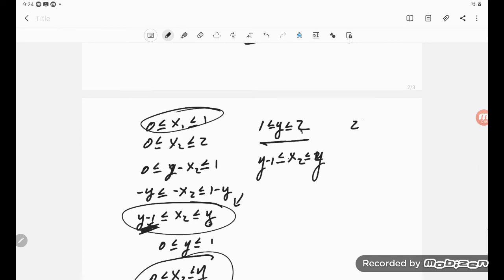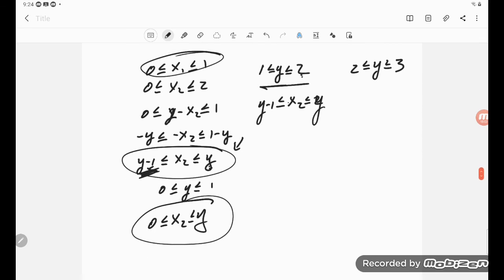And then when we're between 2 and 3, again, looking at this sort of thing, what can happen? Well, y could be 2 to 3. That means y minus 1 could be between 1 and 2. And so that really is a bound.